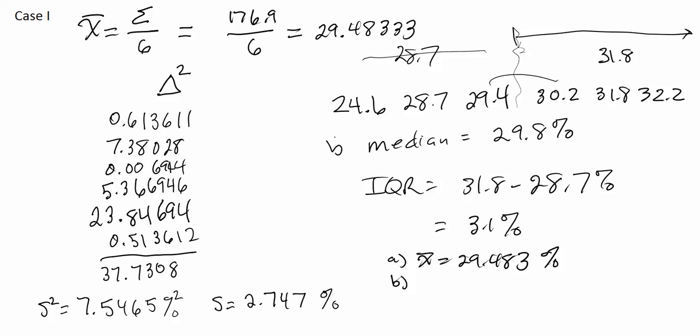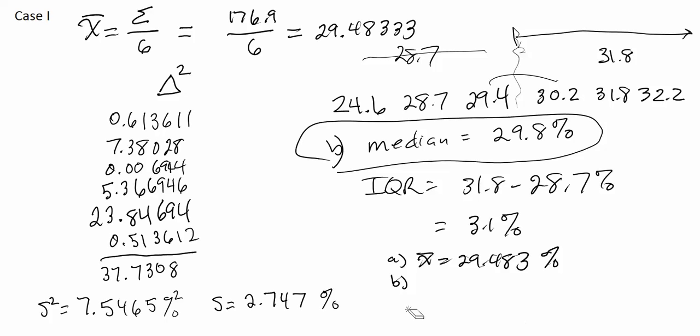So there's my answer to B. And then C asked for the sample variance, and here I'll just report 7.547% squared. Got to get those units right.